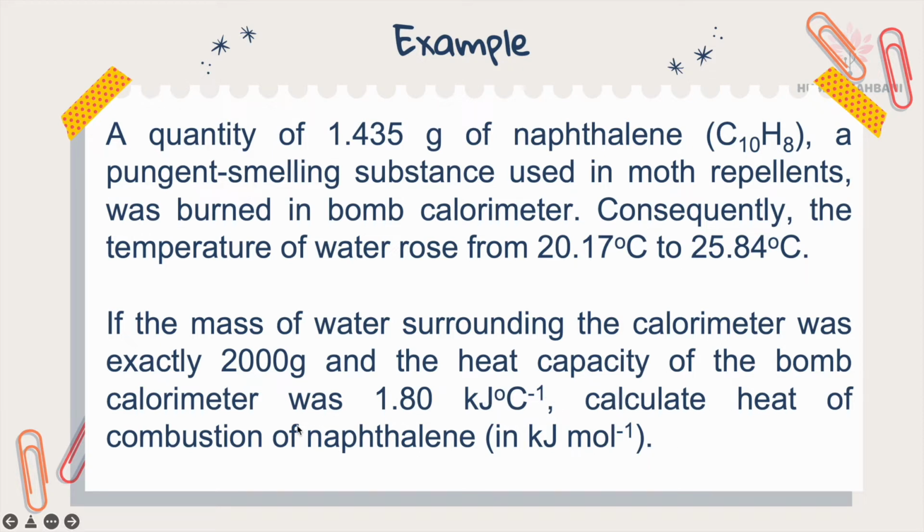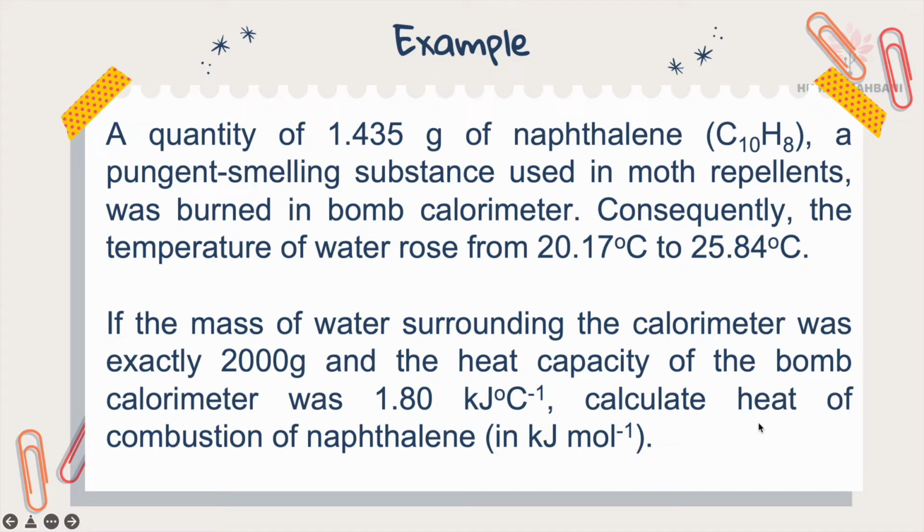We need to calculate the heat of combustion of naphthalene. Heat of combustion is the heat released by the reaction, so Q reaction. We need to calculate in kilojoule per mole. Make sure your answer is for 1 mole because it is in kilojoule per mole.